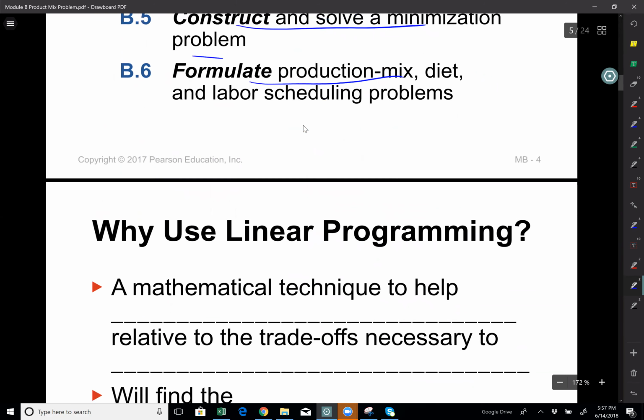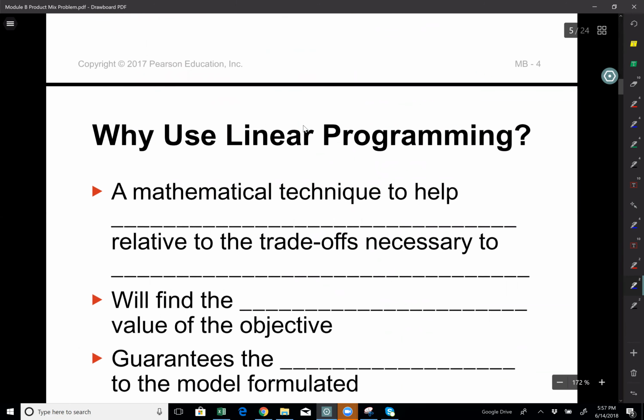So why use linear programming? It's a mathematical technique to help plan and make better decisions. We are trying to use mathematical models using data to make better decisions. That's the goal.